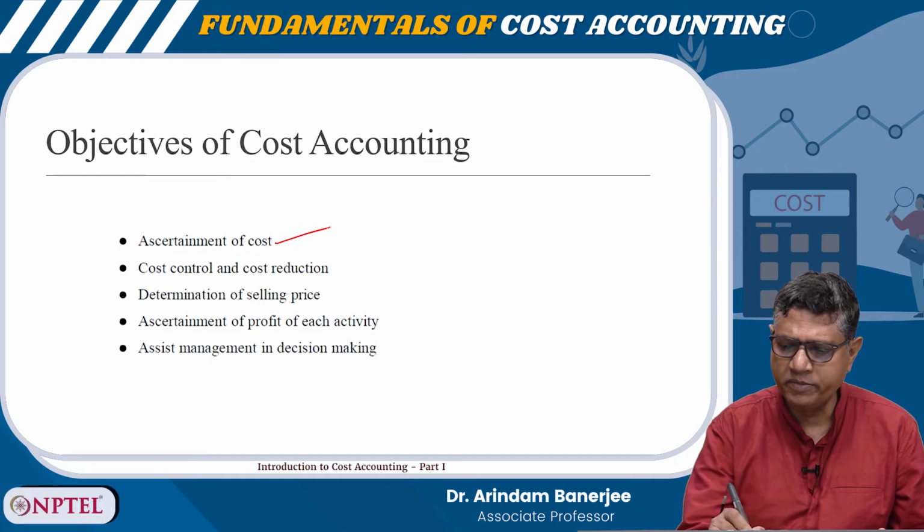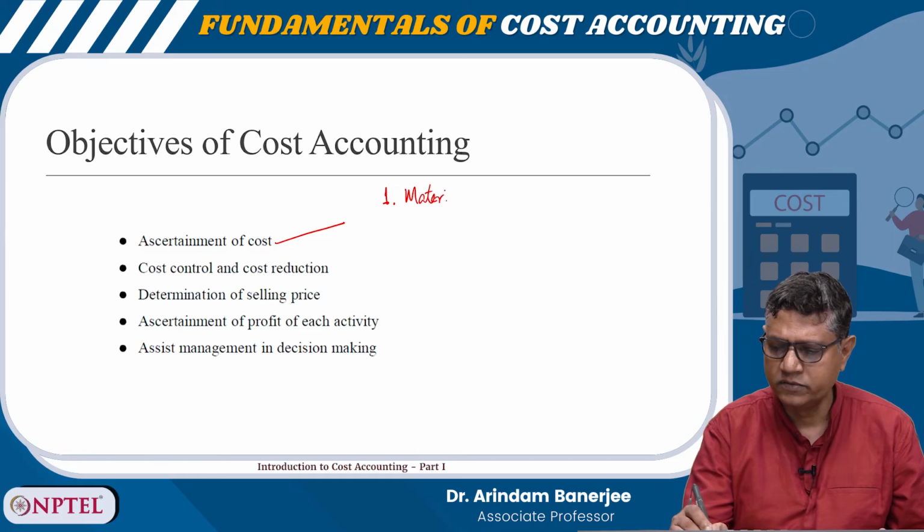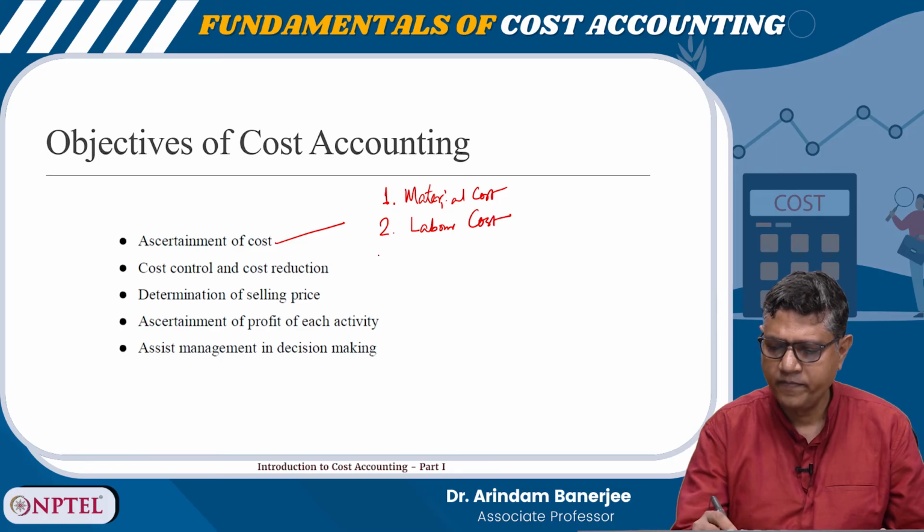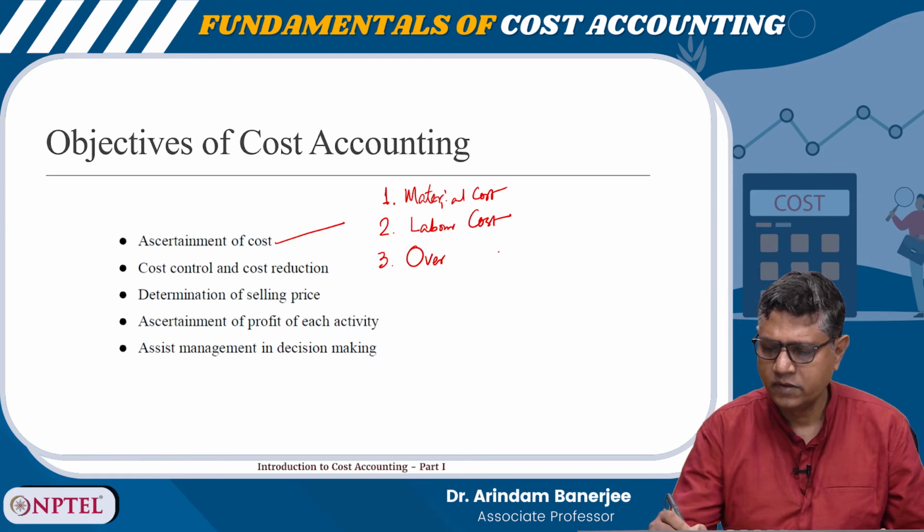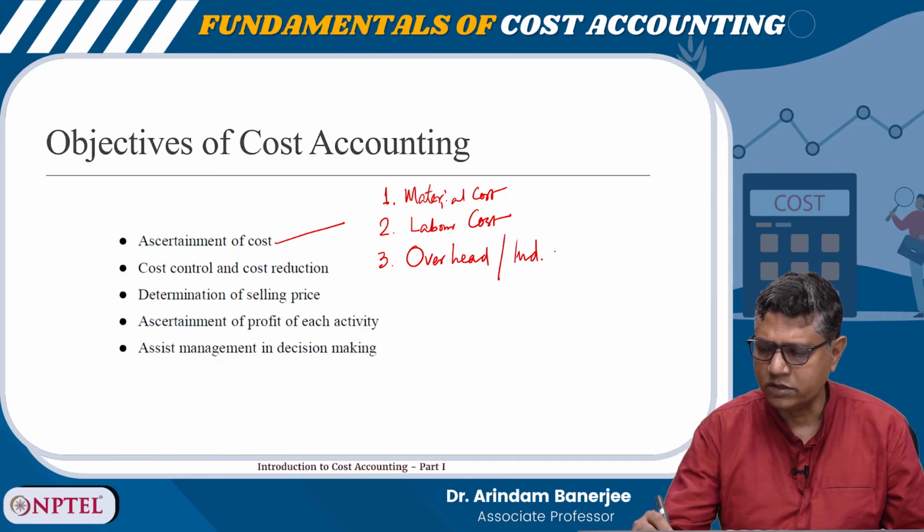We will discuss all these things in detail in forthcoming sessions. So, for ascertainment of cost, number 1, I can ascertain the material cost; number 2, labor cost; and third is called overhead cost, or I can say it is indirect cost.